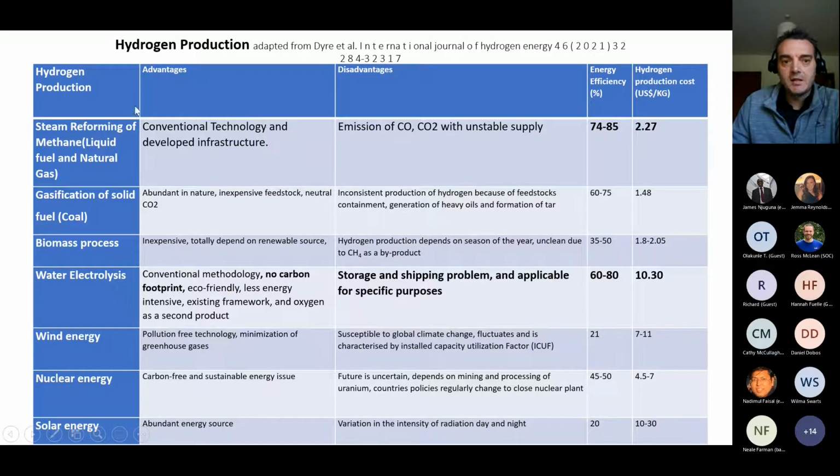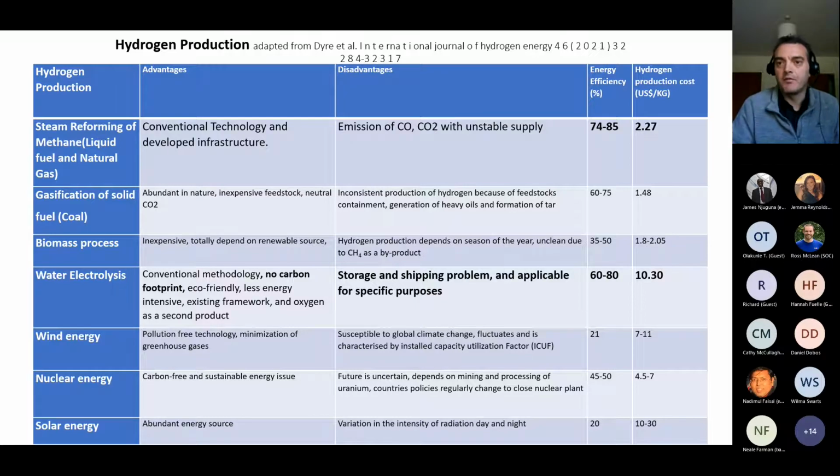One of the main aspects at the moment is the steam reforming of methane. This is a process that is widely used to produce hydrogen. It's a conventional technology with developed infrastructure.